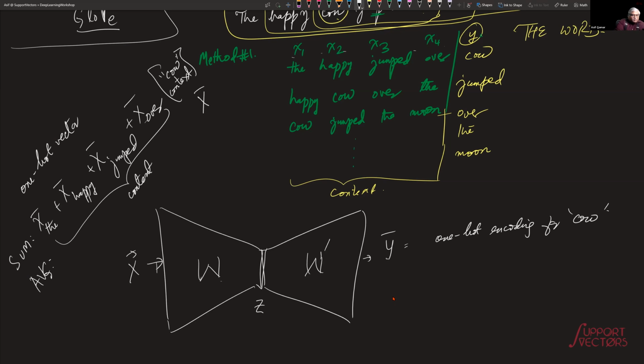What is the space of this vector? This vector belongs to what dimensional space? If your vocabulary is 100K, what is the size of this space? In what space does this X vector exist, guys? 100K dimension. 100K, right? And likewise, what you expect, the word cow, is encoded as again a one hot vector. It will belong to, again, 100K space.